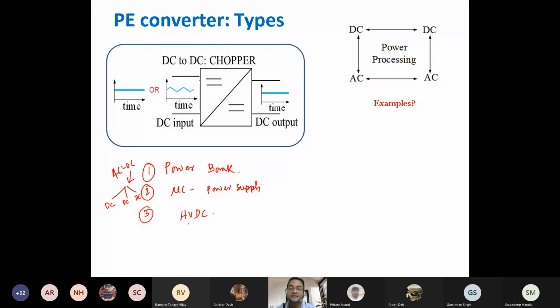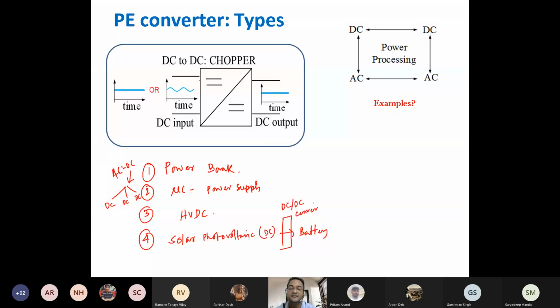Now if you want to have a battery charger, you want to have a battery at the output, so in between you will be using a DC-DC converter, because a battery wants a defined type of current, right? You cannot charge a battery with very high current, or apply very high voltage to a battery. Voltage is already defined. So if solar voltage varies, power varies, you cannot directly connect it to the battery.